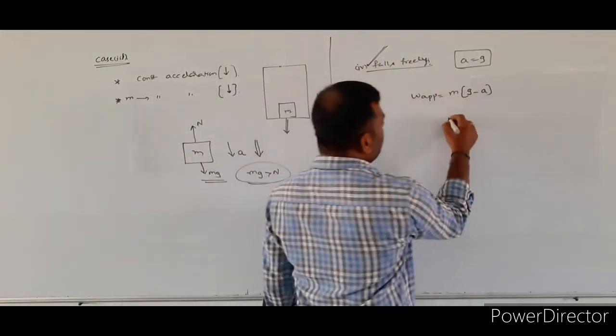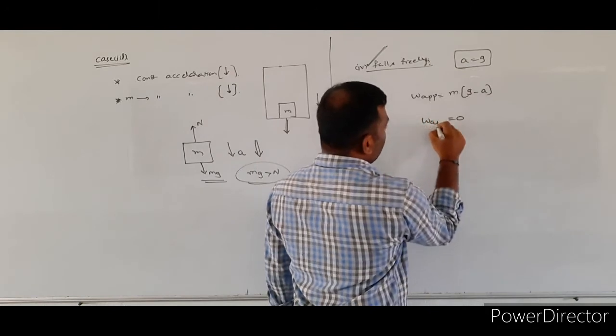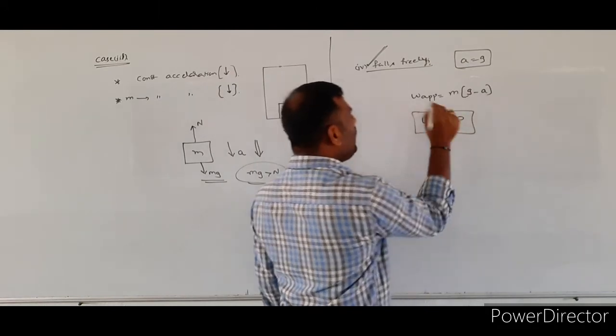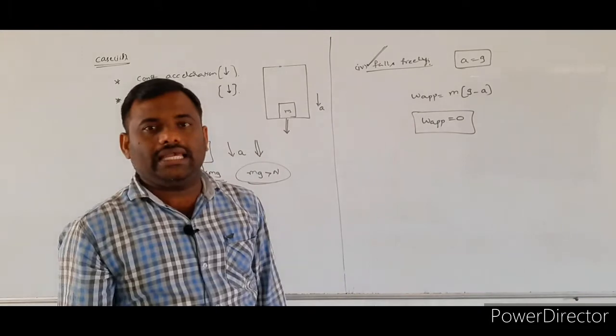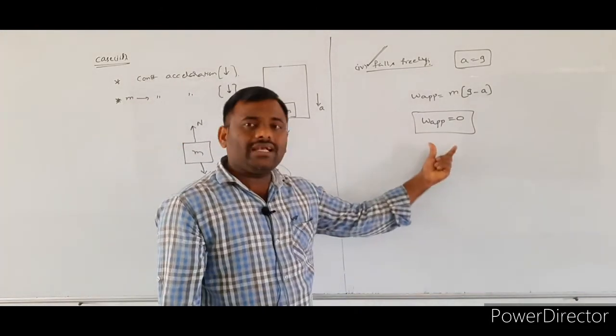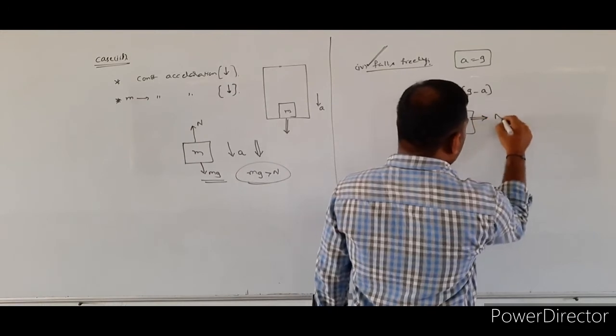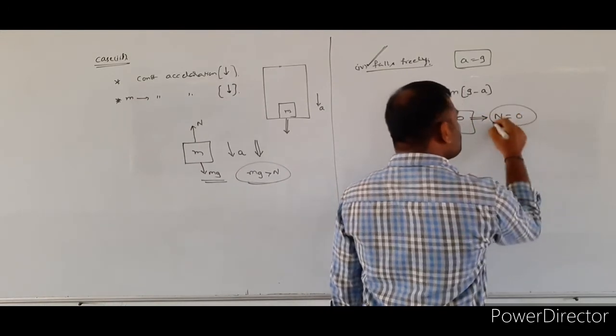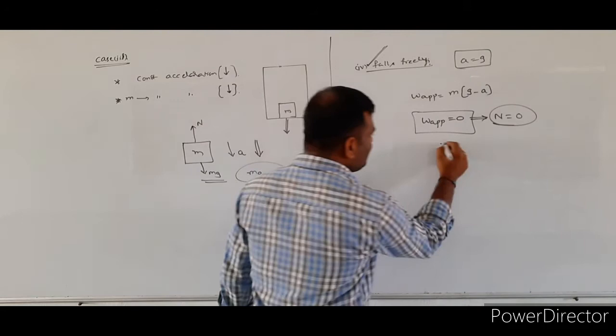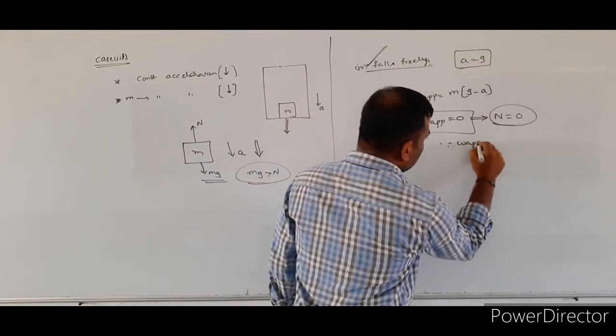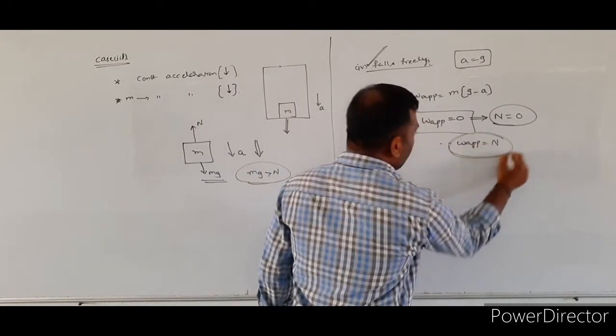If you substitute a is equal to g, apparent weight value is equal to 0. Apparent weight value is equal to 0 means the normal reaction value is also equal to 0, since apparent weight is nothing but the normal reaction.